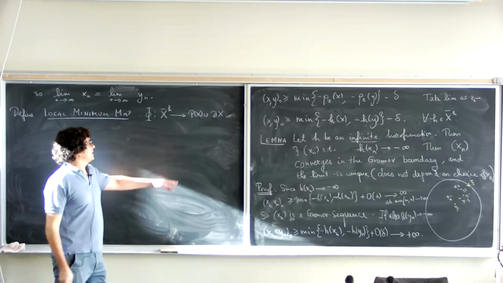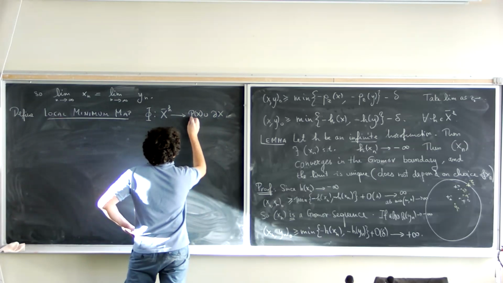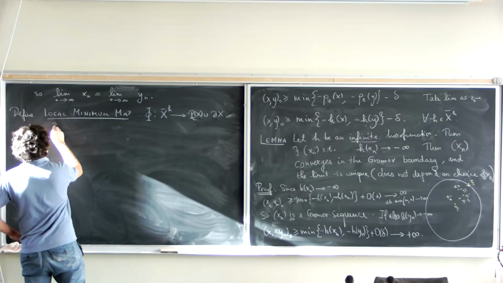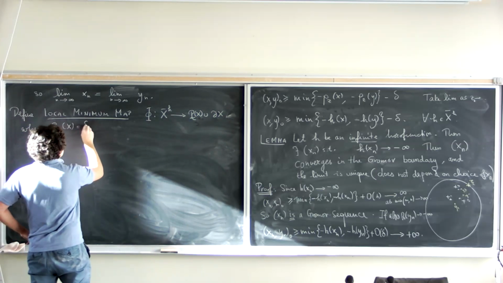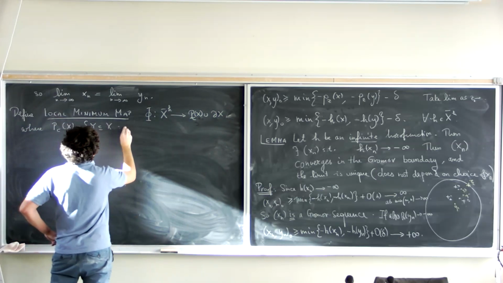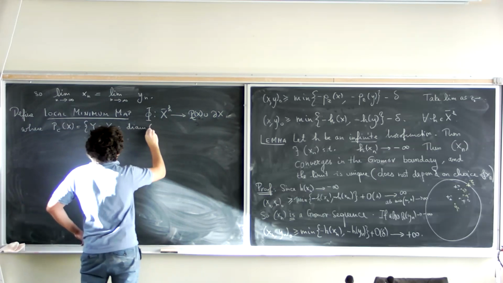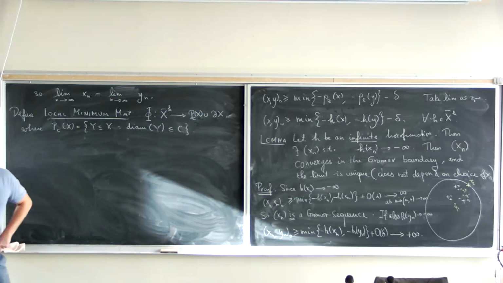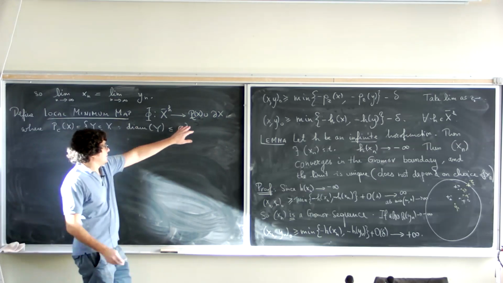But the subsets are, let's call it, P_C(X), the subsets in X such that I have diameter uniformly bounded by C. So it's almost points, but not quite.